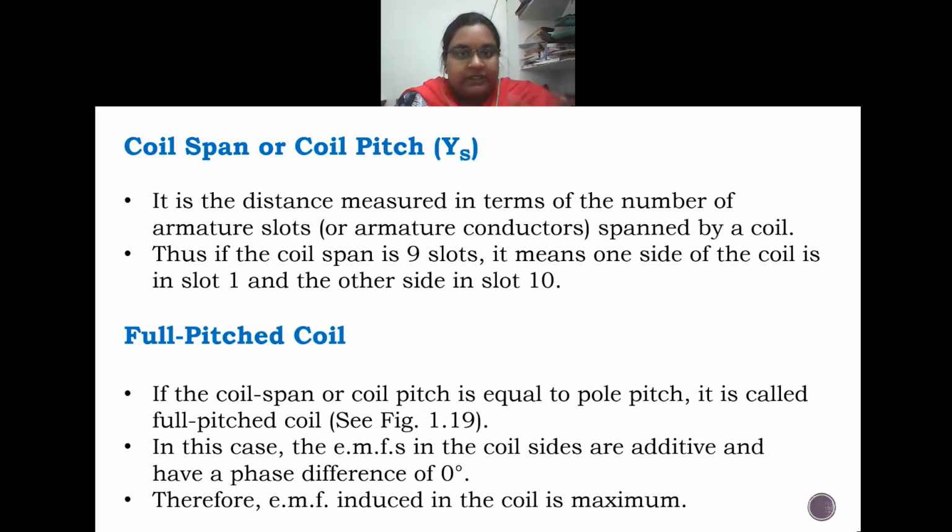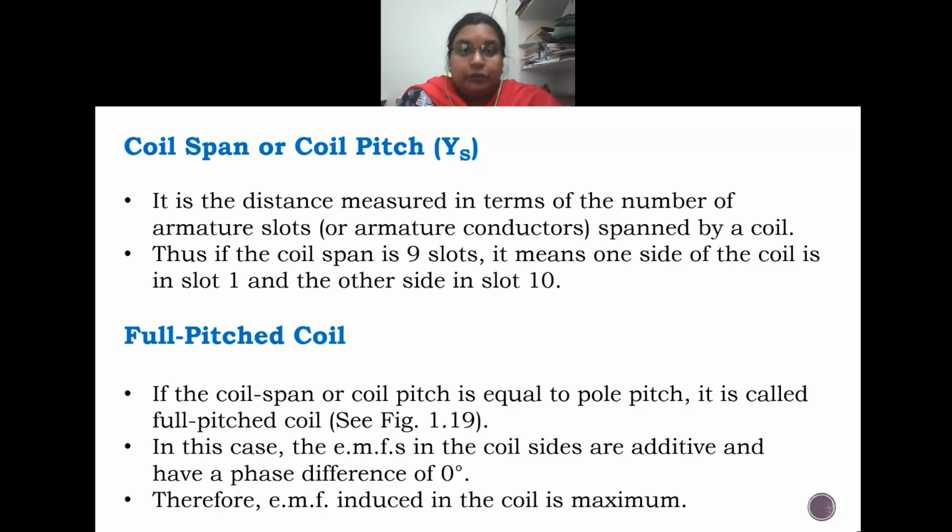Pole pitch is the distance between 2 different poles, that is the number of armature slots between one north pole and the next south pole. So if the coil pitch is equal to the pole pitch, then it is called a full pitched coil.